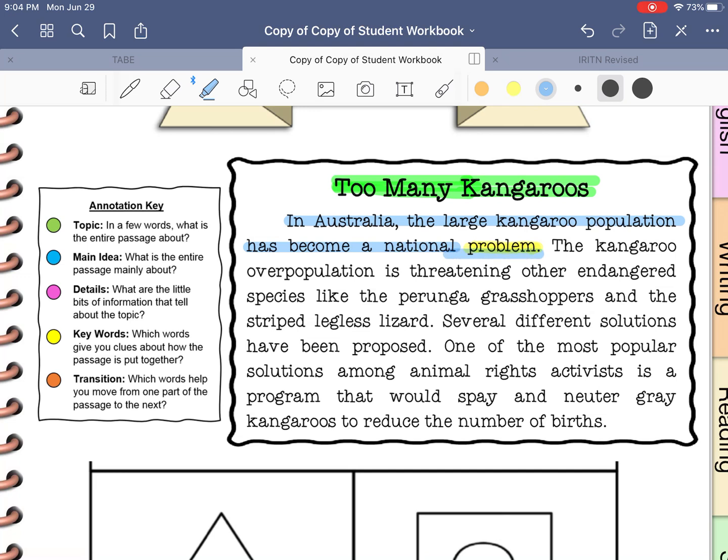Okay, some details about that. Or let's do keywords first. Problem is one. In fact, that is probably the one that I'm looking for. Solution is another keyword that indicates the type of passage that I'm dealing with. So problem, solution, those are words that you really want to notice.